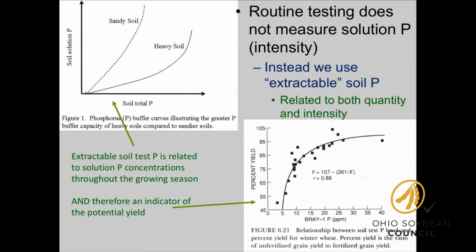Your Mehlich 3s, Mehlich 1s, Brays, Olsens, Morgan, they were designed, brilliantly designed, I might add, in order to create an index value of phosphorus that is related to both the quantity and the intensity of phosphorus in that soil. In other words, the extractable soil test phosphorus is related both to the solution P concentrations and the ability of that soil to keep replenishing it throughout the growing season.